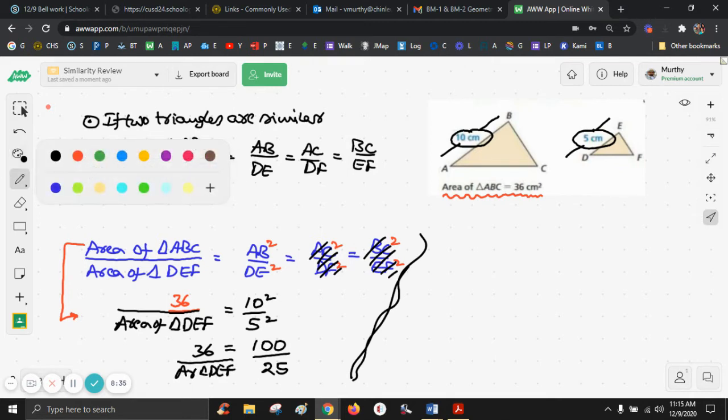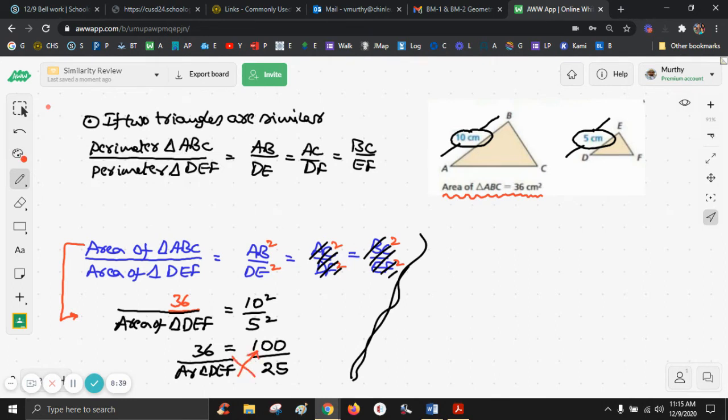As I told you in my previous problem, at this point you go for cross multiplication. Then you get 36 times 25 equals area of triangle DEF times 100. You know how to figure out the variable part.